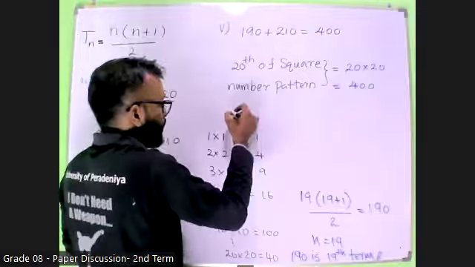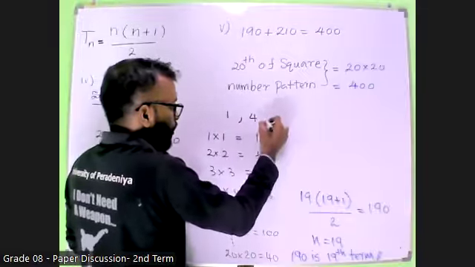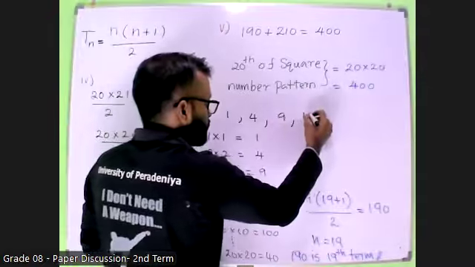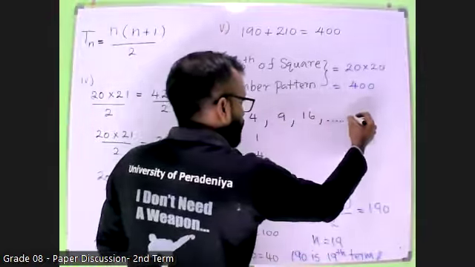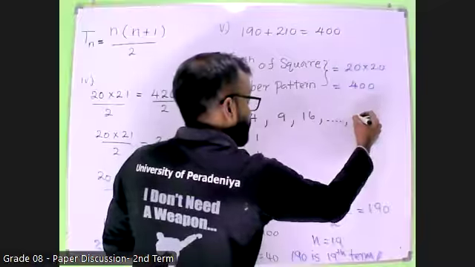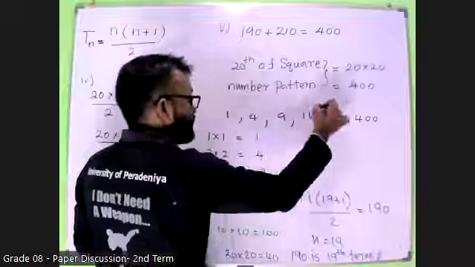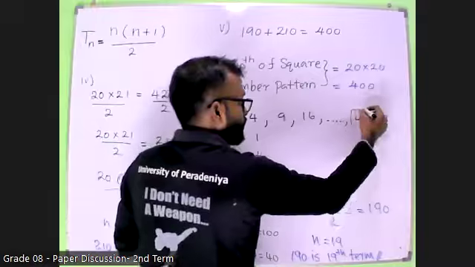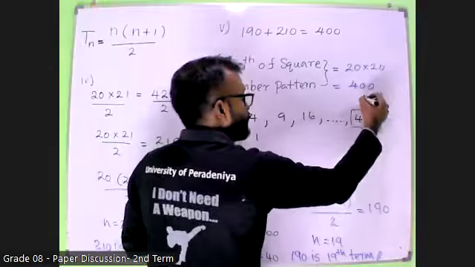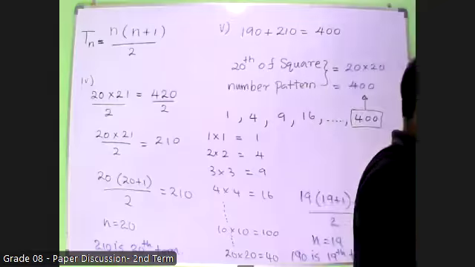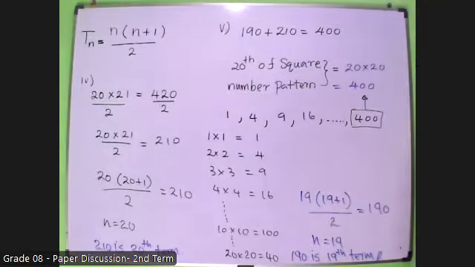So you can write 1, 4, 9, 16, and so on, and the 20th term will be 400. So this is the 20th term, which is equal to 400. So you have to show that this is your answer.